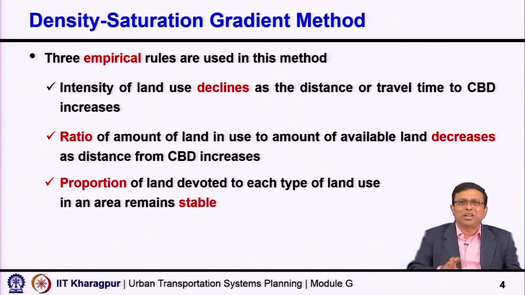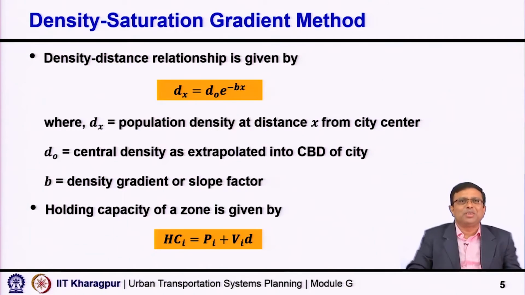These are very simple models, using very simple concepts. Then the density distance relationship is given by such kind of equation, dx equal to d0 e to the power minus bx. So, dx is the population density at a distance x from the CBD or from the center, and d0 is the density in the center, so central density as extrapolated into the CBD of the city, and b is the density gradient or slope factor, people call.